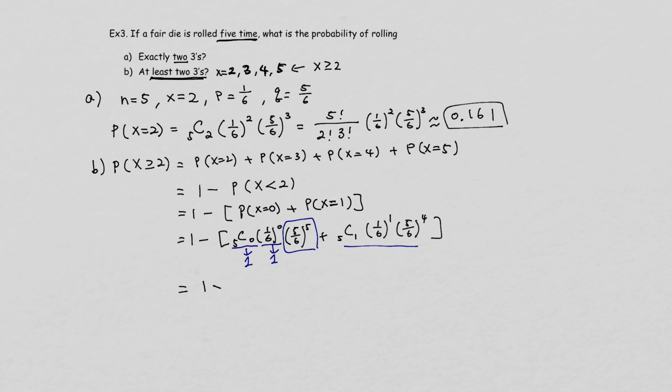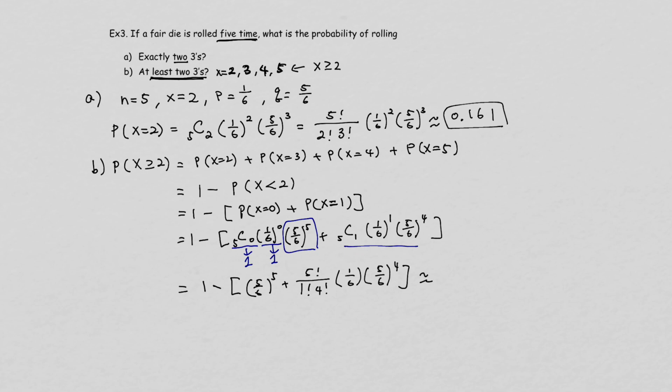let me just write it. What does the combination 1 out of 5 mean? And then multiply by 1 over 6 to the first, 5 over 6 to the fourth.